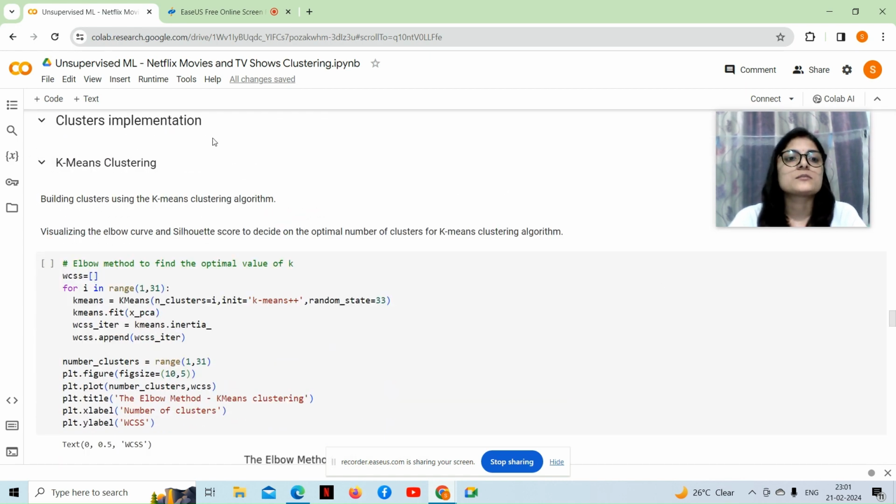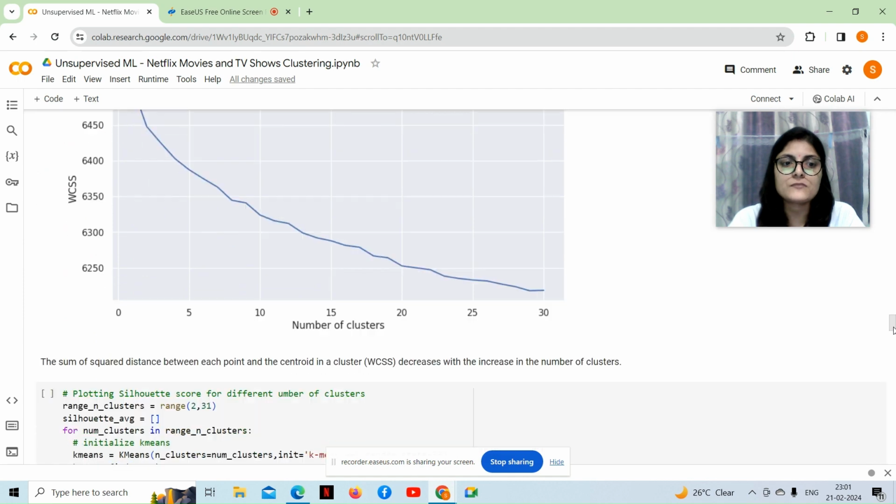Next is cluster implementation, k-means clustering. We are building the clusters using the k-means clustering algorithm. And in this visualization, the elbow curve and silhouette score are used to decide the optimal number of clusters for the k-means clustering algorithm.